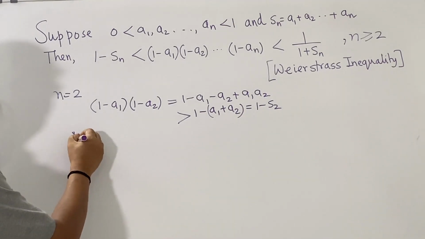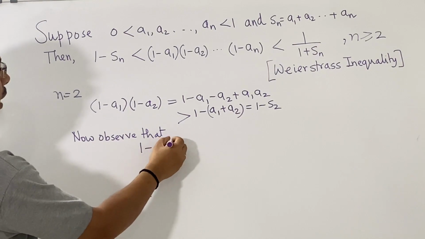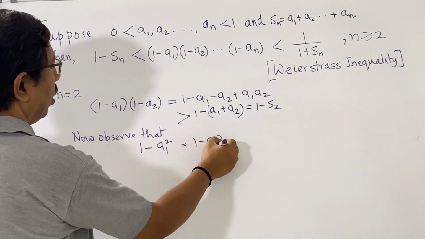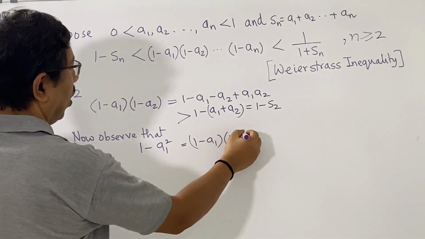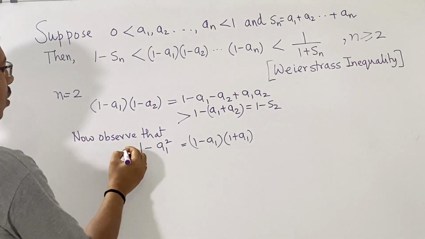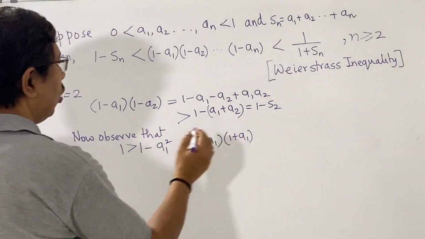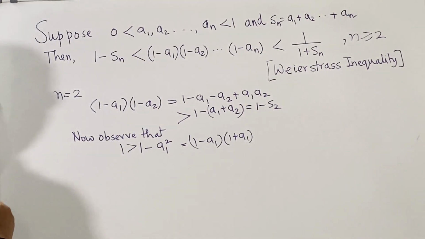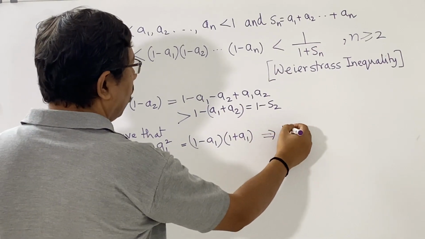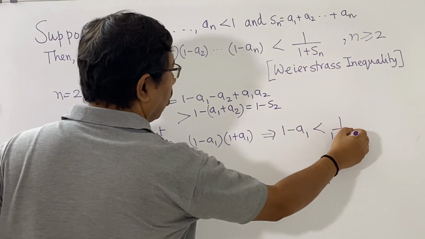Now observe that if you look at 1 minus a1 square, you can write that as (1 minus a1)(1 plus a1), and 1 minus a1 square, since a1 square is positive, is actually less than 1. So (1 minus a1)(1 plus a1) is less than 1. So we get from here that 1 minus a1 is less than 1 by 1 plus a1.